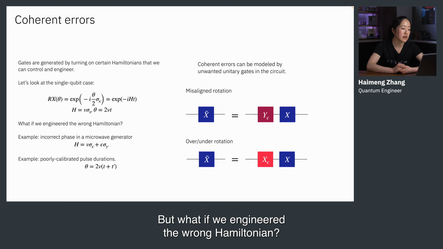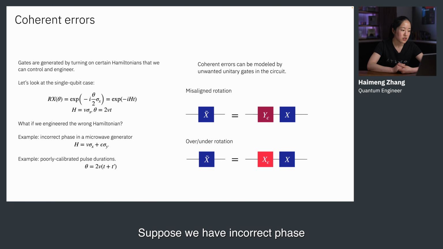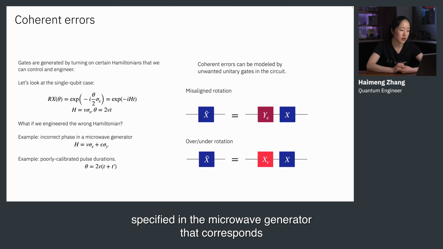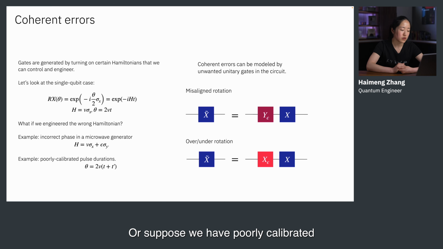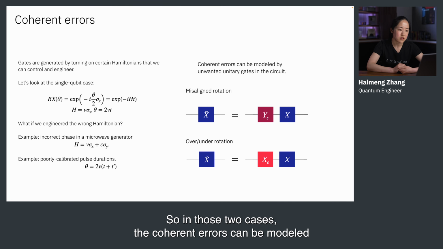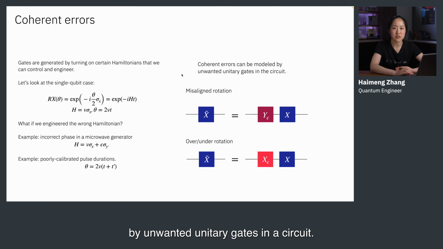But what if we engineered the wrong Hamiltonian? Suppose we have an incorrect phase specified in the microwave generator that corresponds to some component of rotation around the y-axis. Or suppose we have poorly calibrated our pulse duration and our pulse angle does not correspond to angle pi. In those two cases, the coherent errors can be modeled by unwanted unitary gates in a circuit.